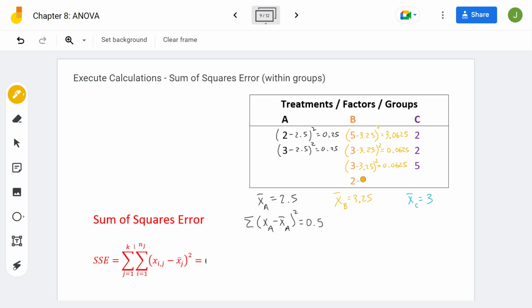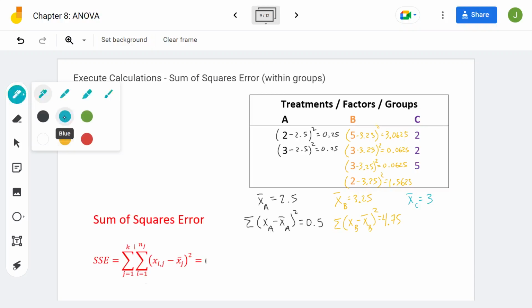And then 2 minus 3.25 squared comes out to be 1.5625. If I add all these sums of squares up for column B, the sum of x of column B minus x bar of column B squared, those add up to be 4.75. So that's the variability for column B measured by the sum of squares.